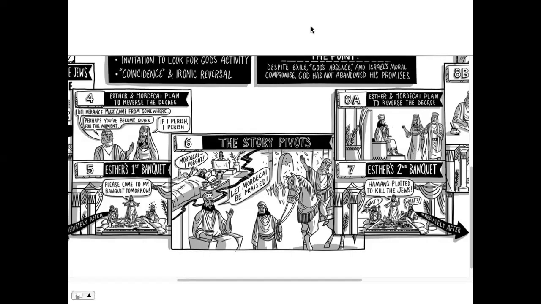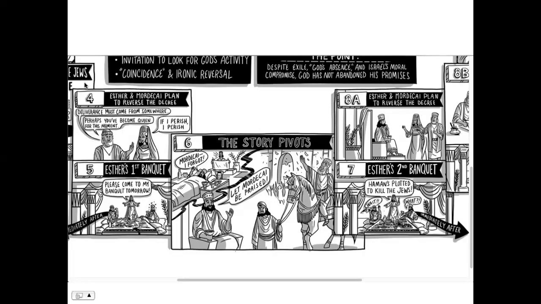A chiastic structure is basically where you have parallel structures, and often a parallel contrasting structure. If you have the downfall of somebody here, you have the uprising of somebody on the other side.